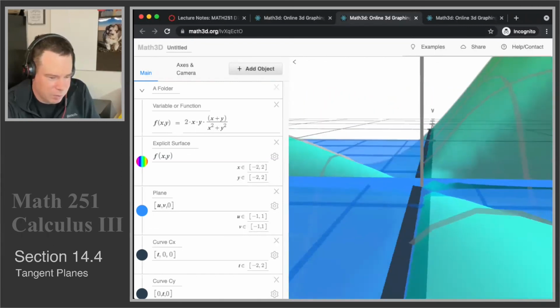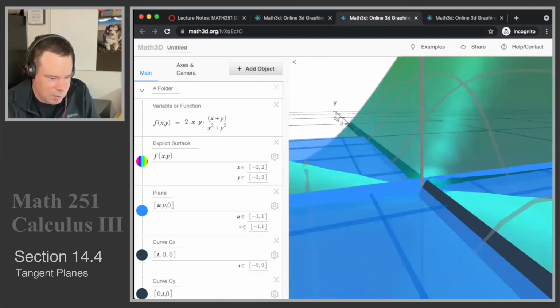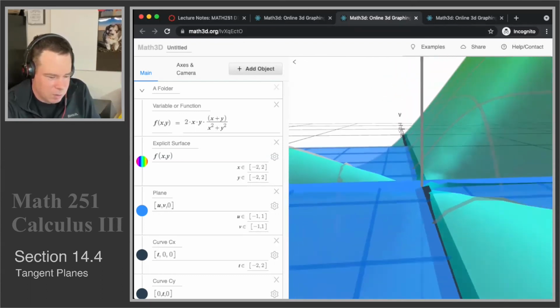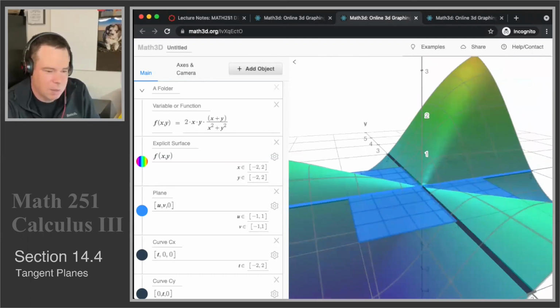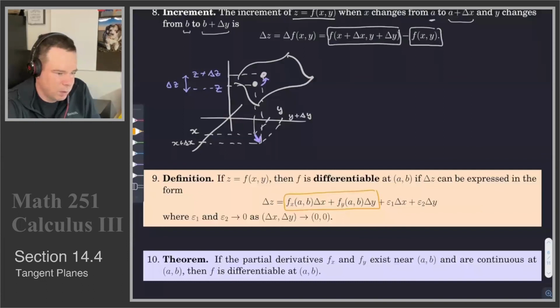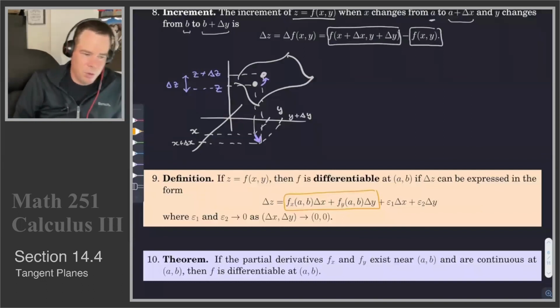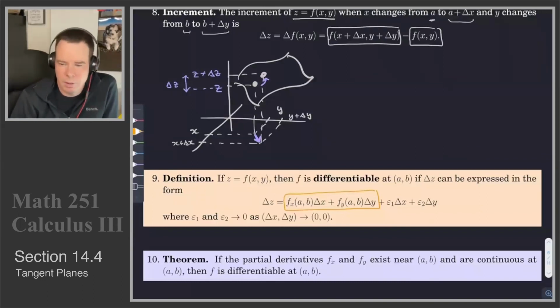There's some crinkles in it. There seems to be a very sharp turn happening at the origin. So no matter how far I zoom in, I'm not going to be able to get this looking like a plane. And that's what this definition of differentiability is trying to capture. As you zoom in, zoom in, zoom in, it should look like a plane. If it doesn't, it's not differentiable there.